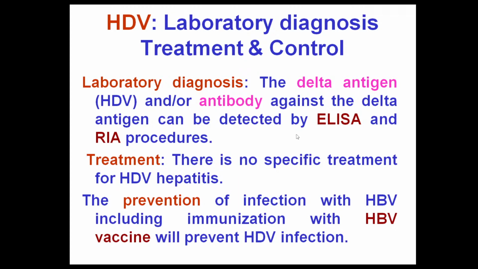But this infection, as I said, is preventable by immunization against hepatitis B virus infection. Because as long as hepatitis B does not occur in the body, there will be no donor of the envelope glycoproteins, so the hepatitis D virus cannot multiply there.